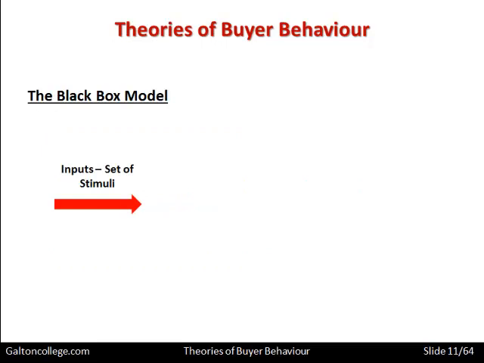So we've got inputs, if you like, a set of stimuli. Now these, in the context of marketing and what we're discussing here, could be a reduction in price, a marketing campaign, word of mouth from a colleague who's just purchased the item, who recommends it. There are all sorts of stimuli that, in a sense, come at us.